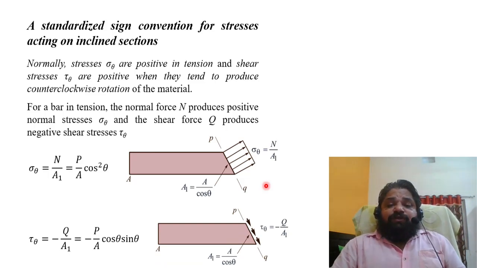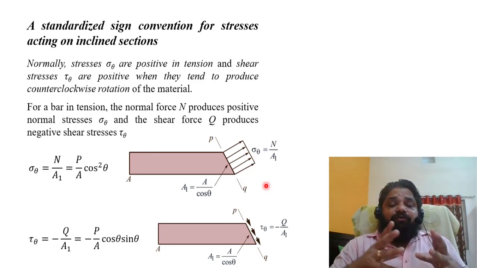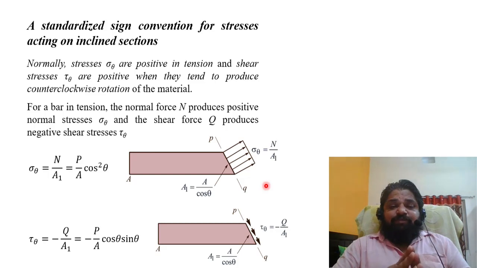Then what is the use of discussing all this, the normal, theta, inclined plane, and what is the next part of that? It is not always true that we will have, as we know, in every case a three-dimensional case.